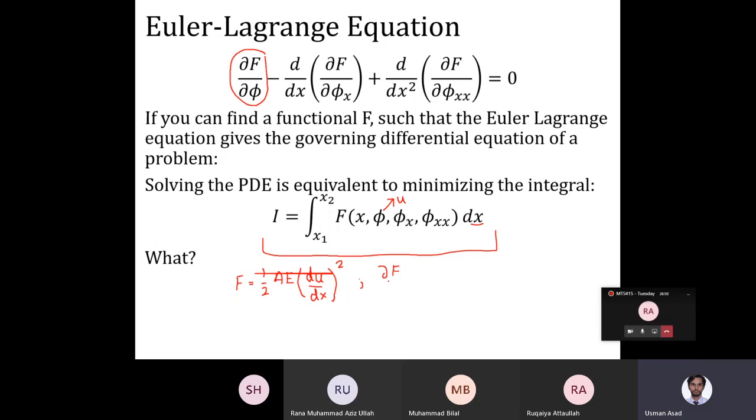So partial f by partial u is actually just going to be equal to 0, because इसके अंदर u नहीं है, इसके अंदर सिर्फ ये वाली टर्म एग्जिस्ट करती है. This term is du by dx, right? Also could be called ux, and this term is uxx, यानी के डबल डेरिवेटिव.